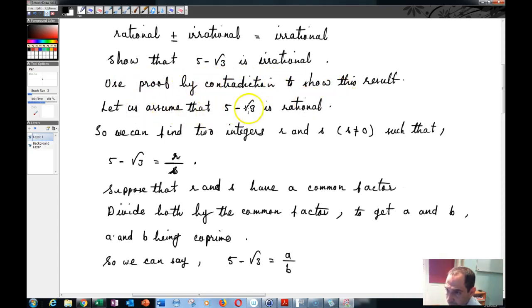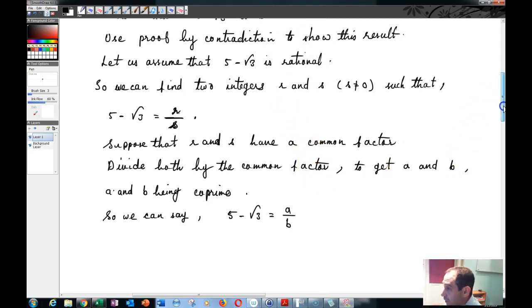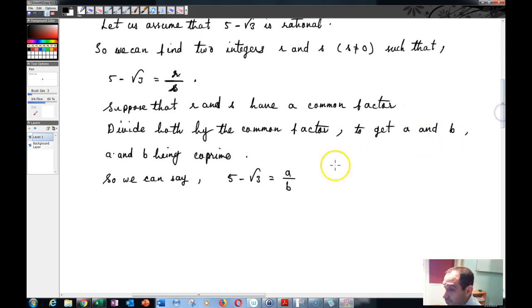So then we assume that 5 minus square root of 3 is actually rational. Now what you can do, what they have done the same steps over here, as I can see in the text here.